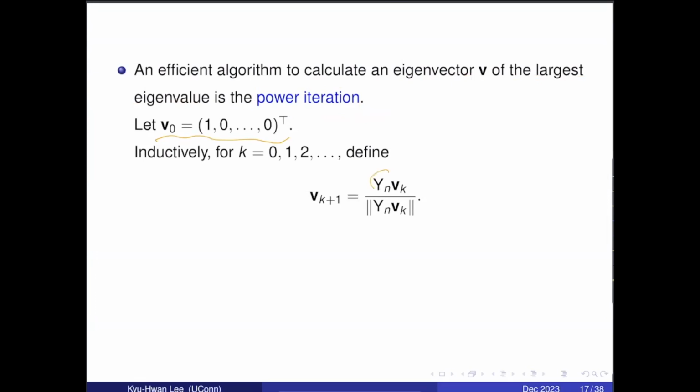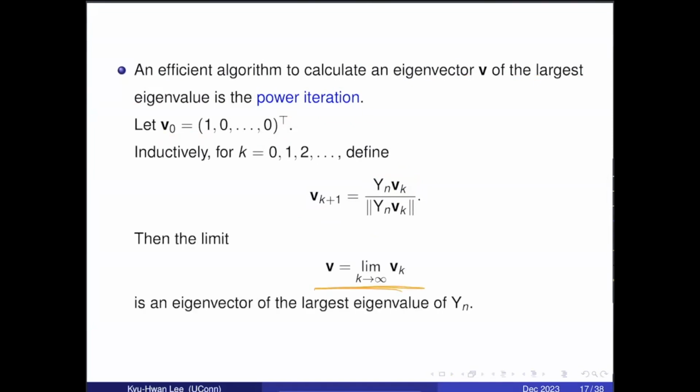And then calculate this multiplication and then normalize it. That's the next vector. And then you apply this inductively. Then the limit is known to be an eigenvector of the largest eigenvalue of this symmetric matrix Yn. So this power iteration is a well-known method.